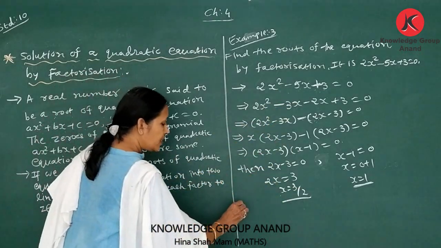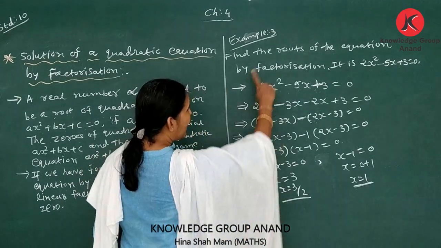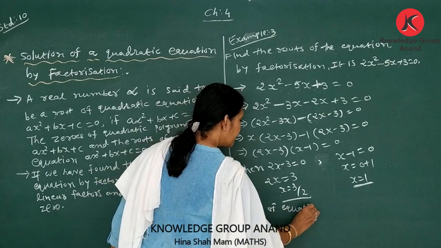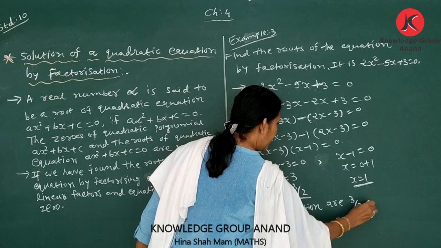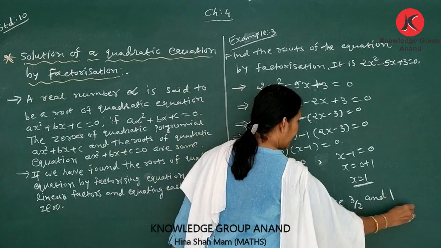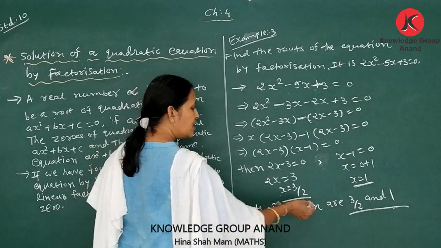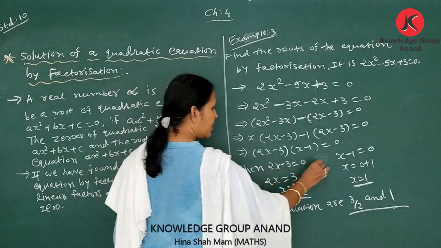Therefore, the roots of the equation are 3 by 2 and 1. Okay?